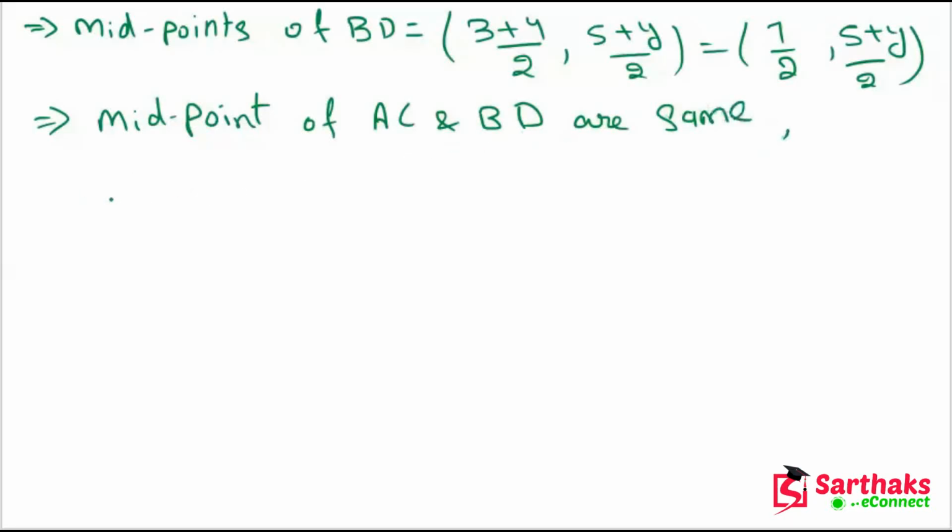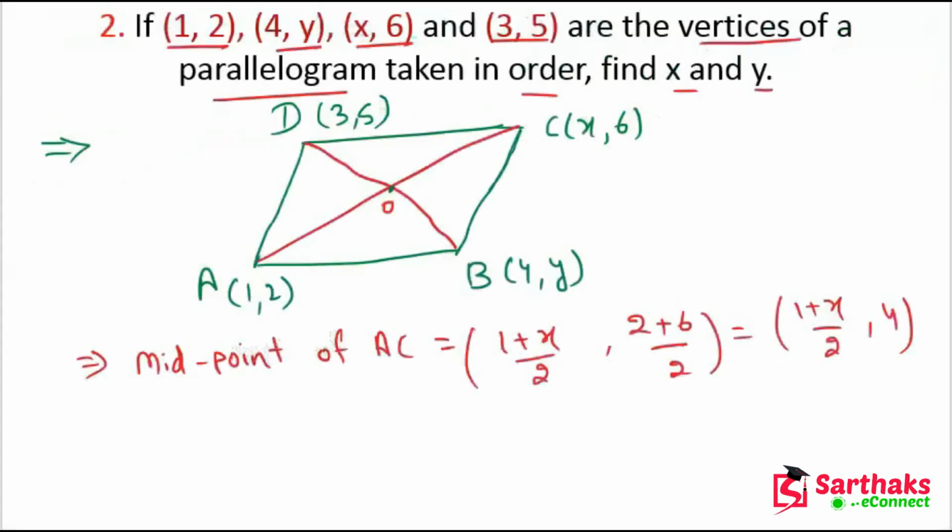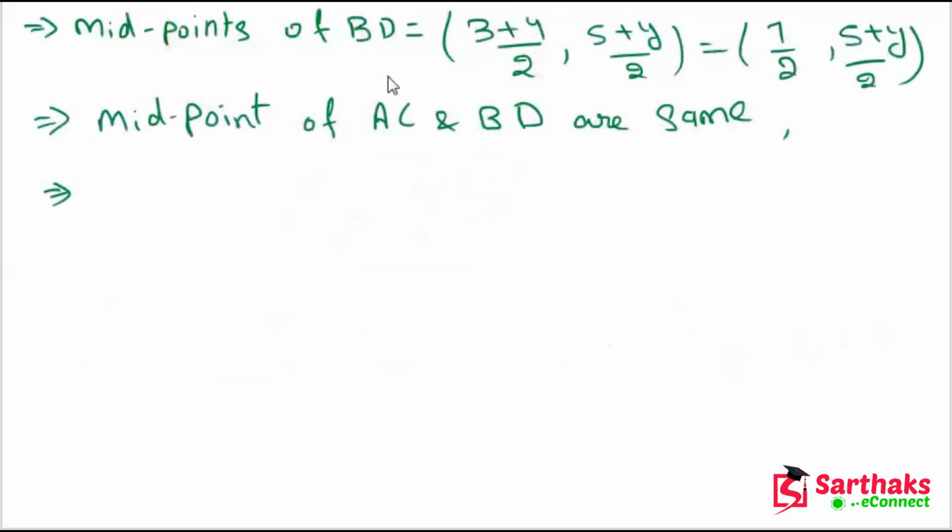This implies that we can equate the coordinates of the midpoint of AC to the coordinates of the midpoint of BD. The x coordinate of AC is 1 plus x upon 2, and the x coordinate of BD is 7 upon 2.